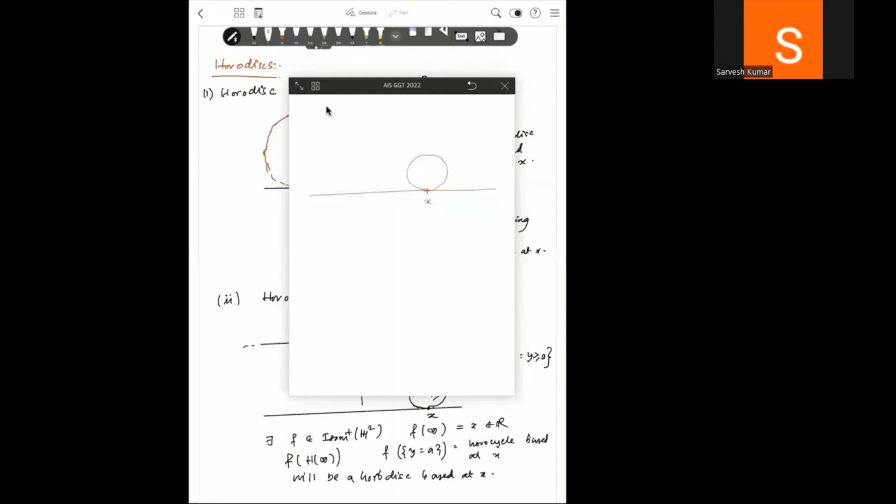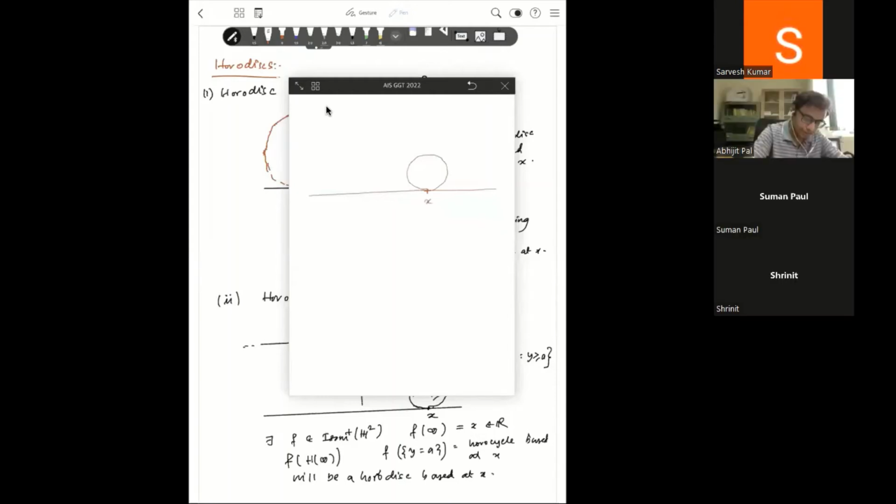Good. So there's a horocycle based at the point x.